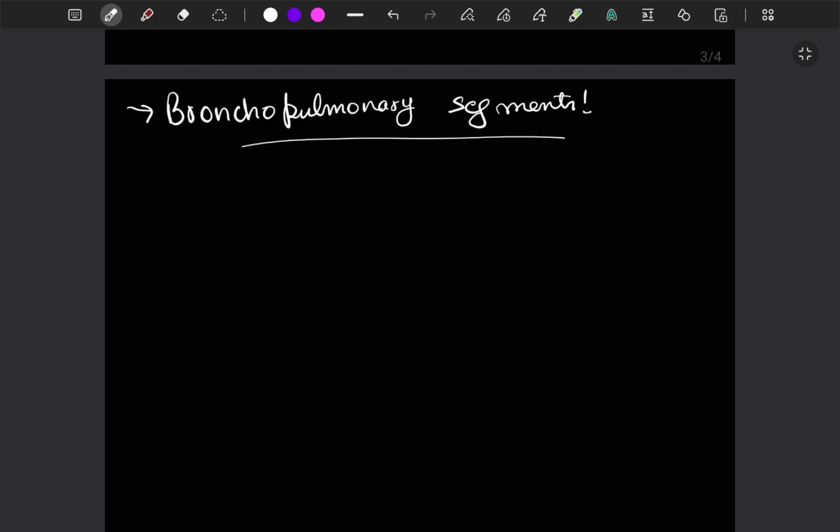Now there's this one very important question called bronchopulmonary segments. Right, so what are bronchopulmonary segments? First of all, let's go with the definition.